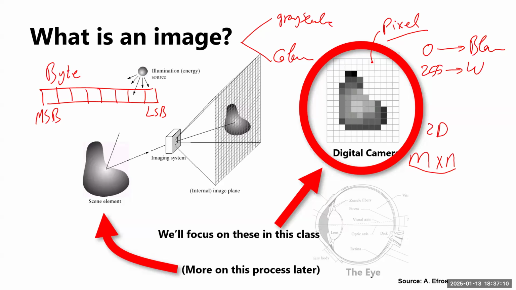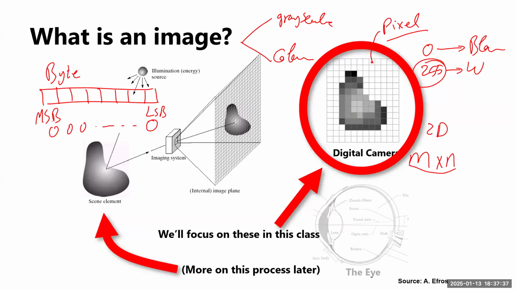What is the minimum number that can be held in a byte? 0. What is the maximum number we can hold in a byte? 2 to the power of 8 minus 1, which is 255. So every single pixel here is stored in a byte.